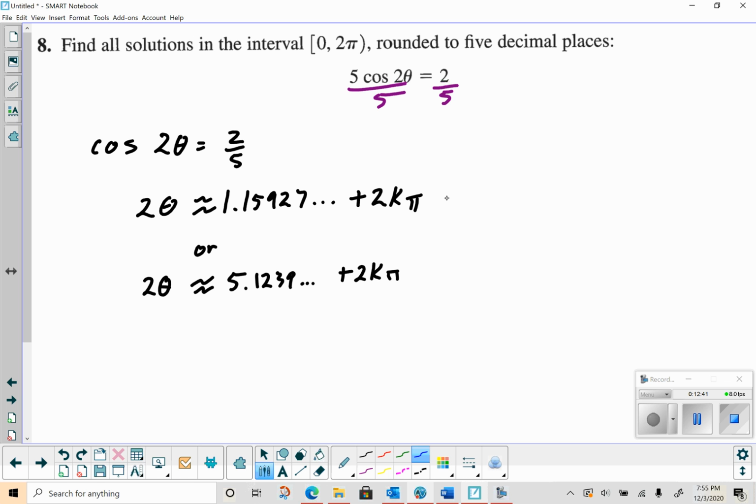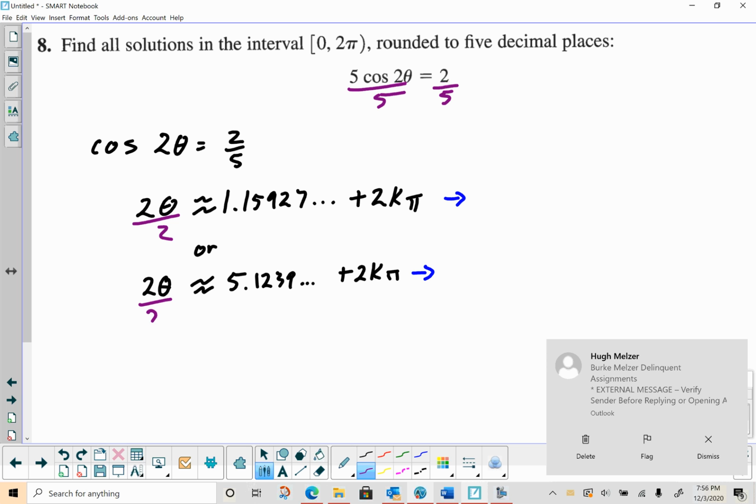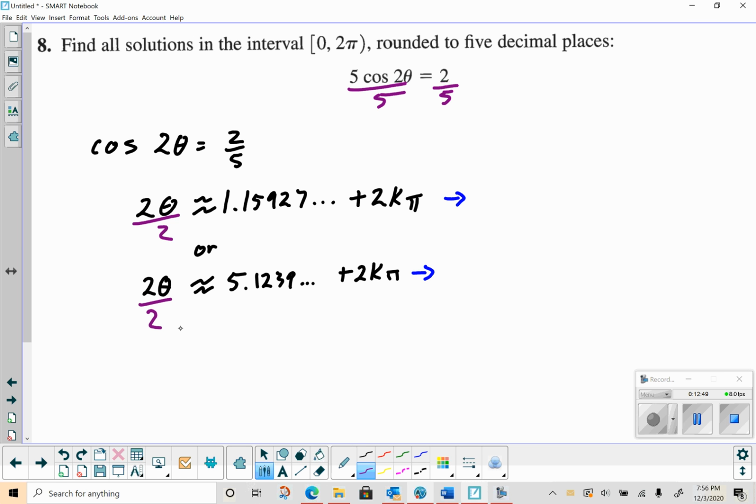So that then transforms these into, again, we're going to divide everything by 2. And hopefully you can see this makes a difference here.